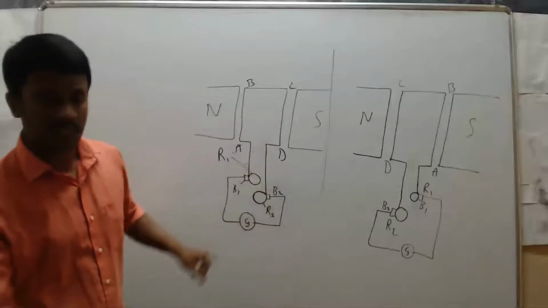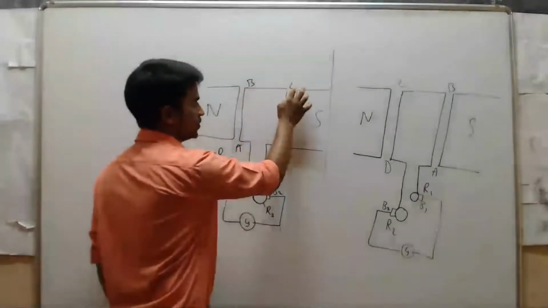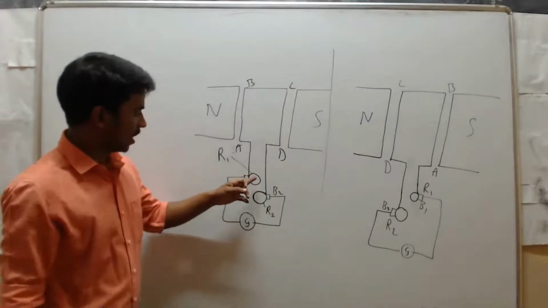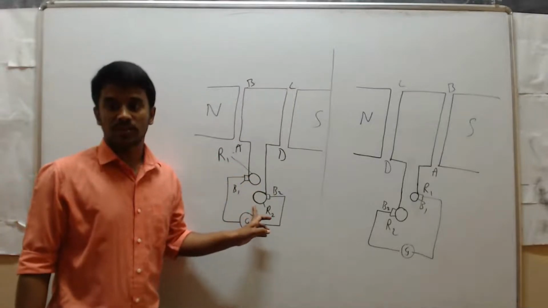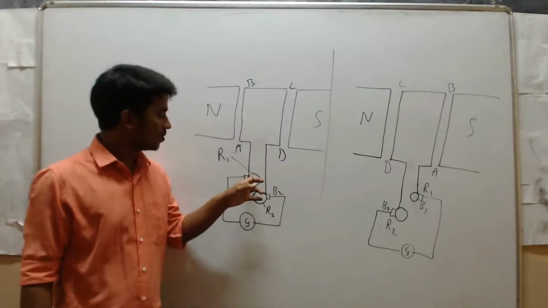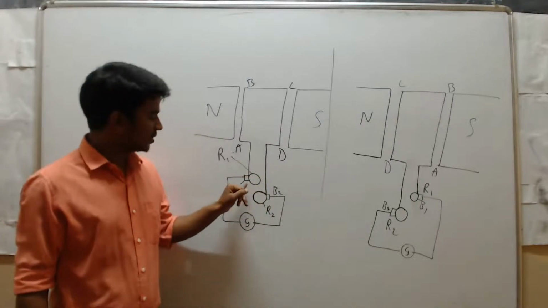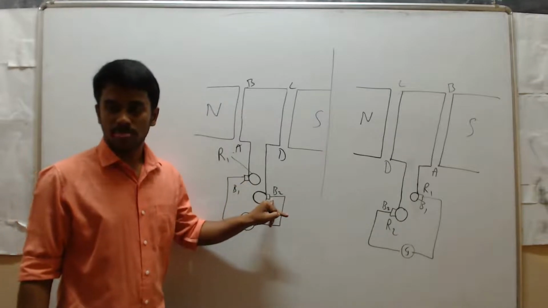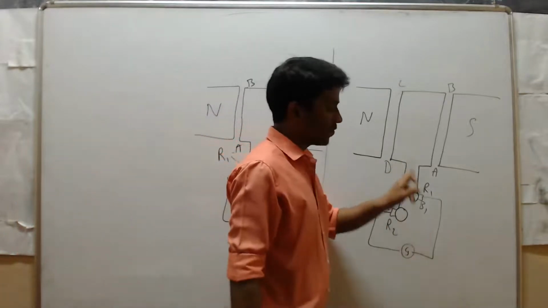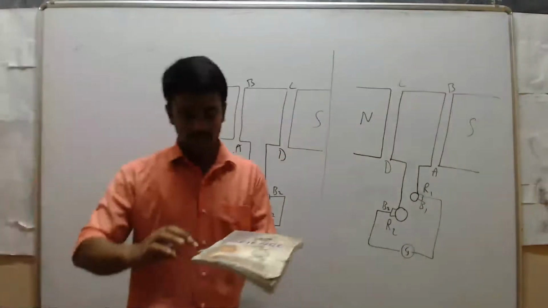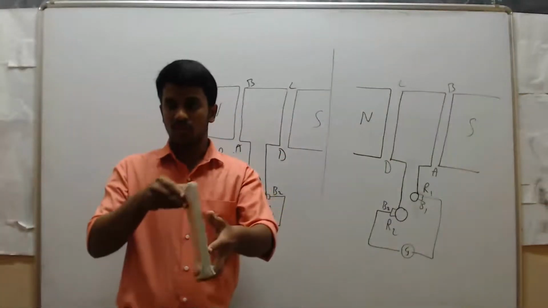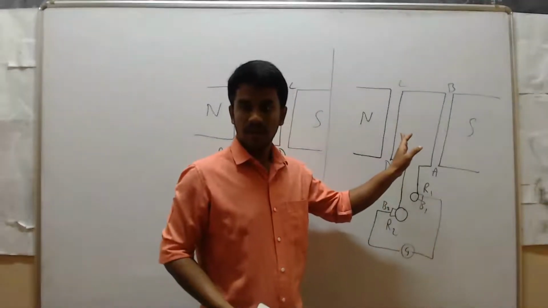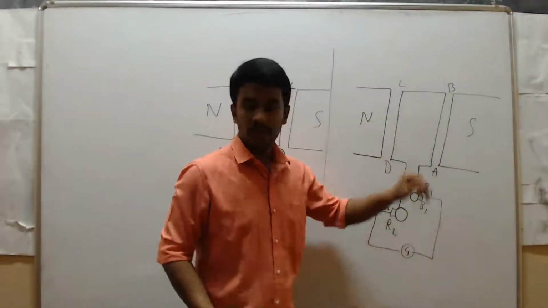In the first rotation, current moves from A to B, C to D, then R2 to R1. Here R1 and R2 are slip rings, not split rings, and these are carbon brushes, B1 and B2, for sliding contact. After half rotation, what will happen? This AB will rotate like this, and DC will come this side.